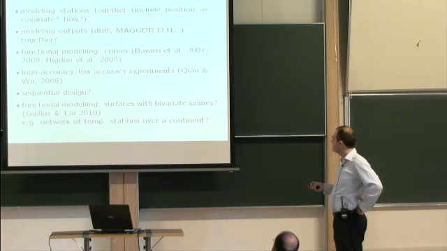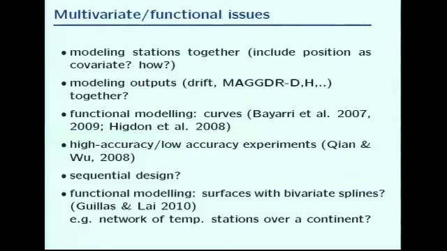And I was thinking about it, for example, a network of temperature stations over a continent. If you want to calibrate, say, a climate model against observations for a particular continent, that's maybe a way to model the output and the observations.